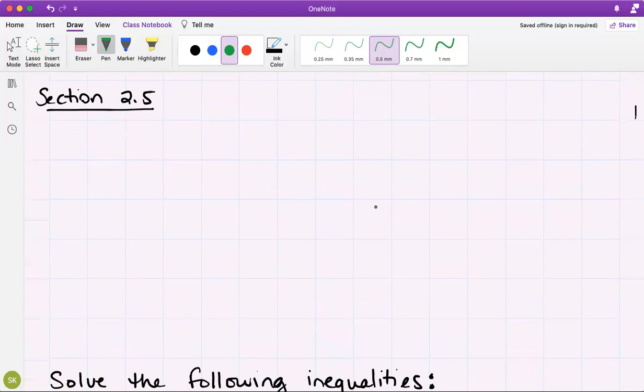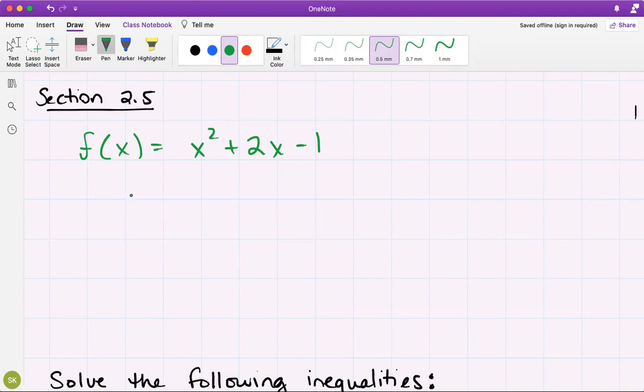Okay, section 2.5 is solving inequalities. So before we saw something like f of x is equal to x squared plus 2x minus 1. And I asked you to find the vertex and to graph it, or sketch the graph, and determine if it's pointing upwards or downwards.